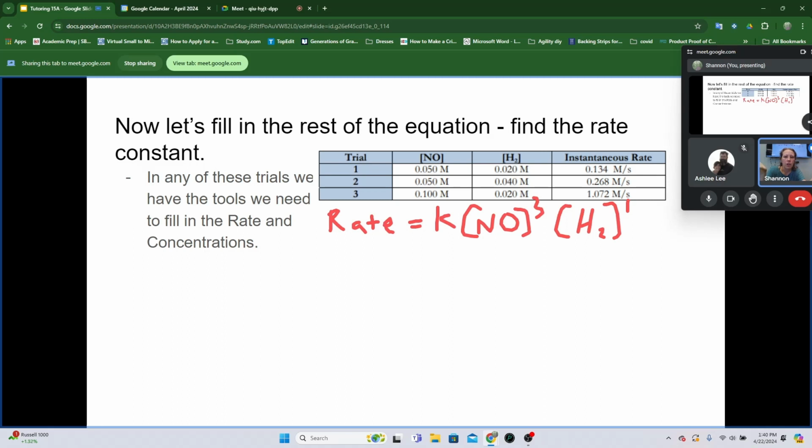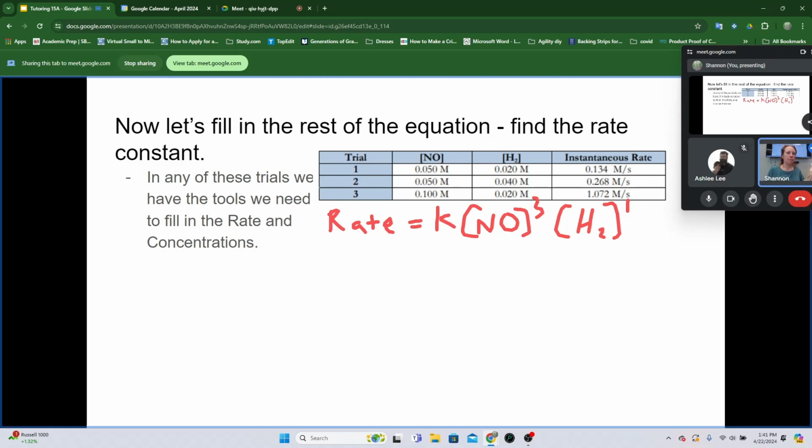And luckily for us, we have all these numbers in all these trials. In each of them, we have a concentration and a rate. And those are the things that we need to fill in. So at this point, once you have the orders and you're trying to figure out the rate constant, pick one of the trials and fill in the numbers.